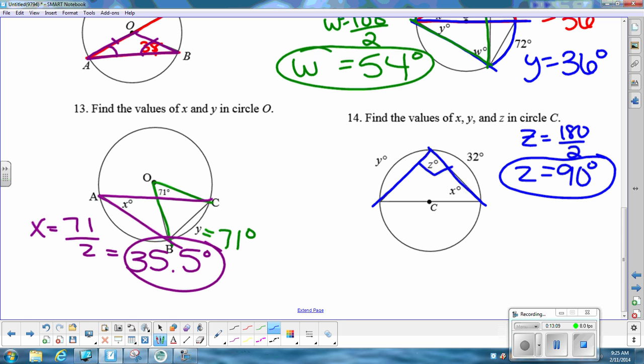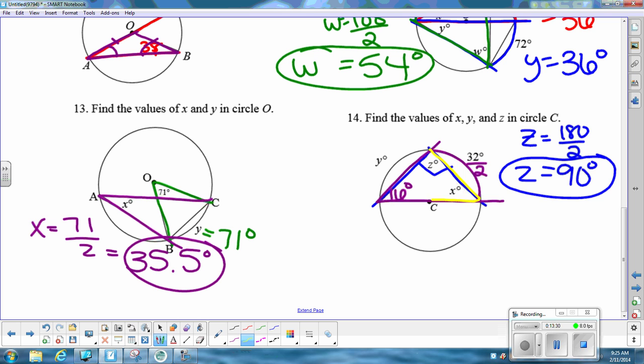And then I'm going to look at what else I have in this problem. I know over here that's not labeled intercepts a 32 degree arc, so that angle will be 32 divided by 2, which is 16 degrees. And then I know a triangle has to add up to 180 degrees.